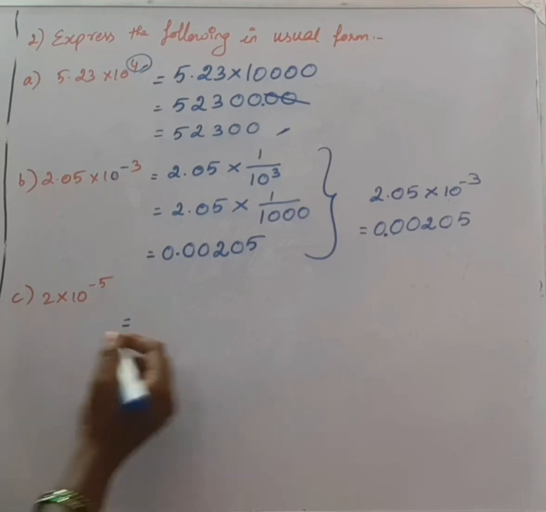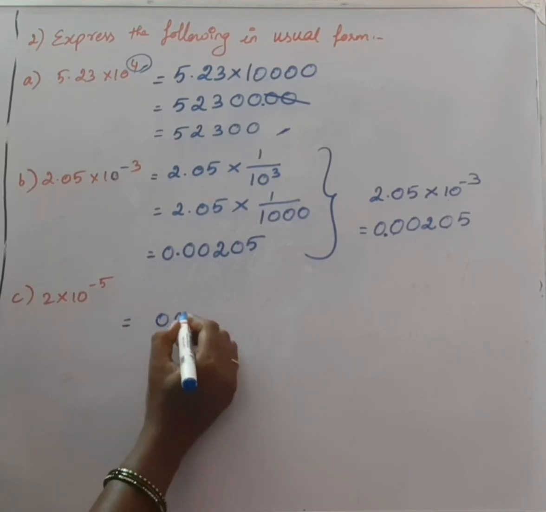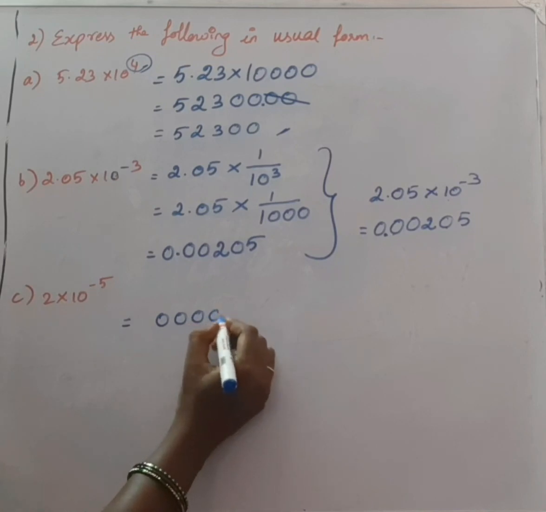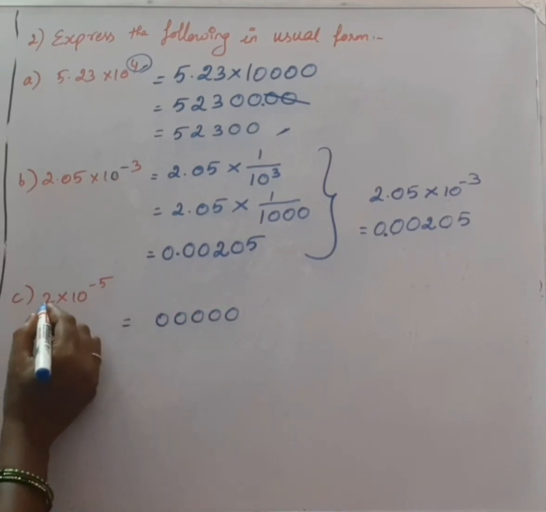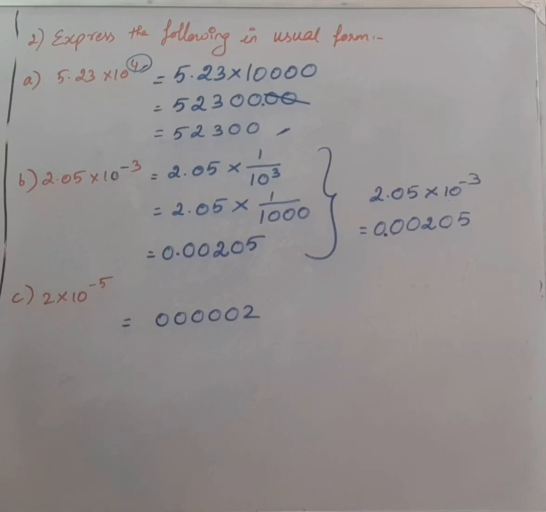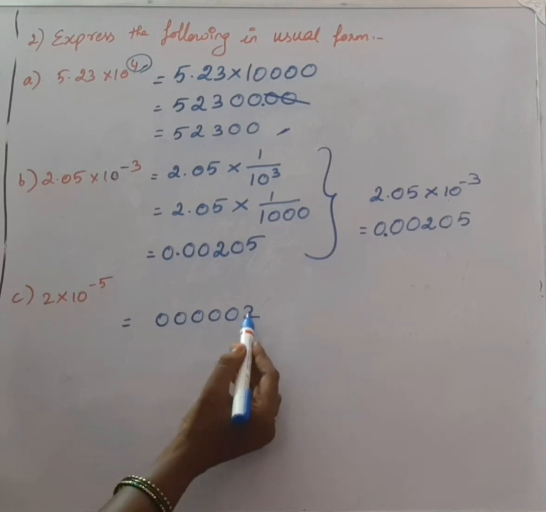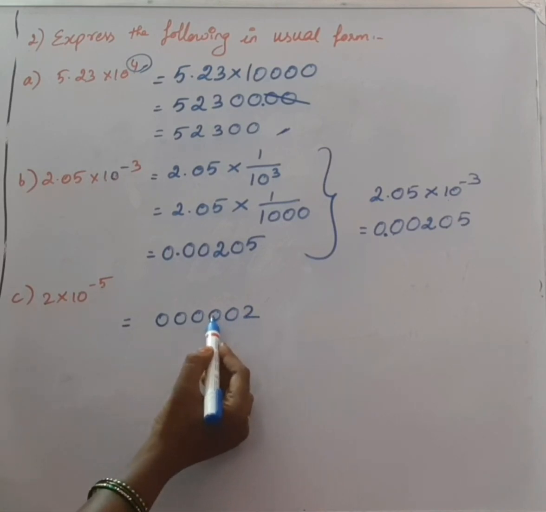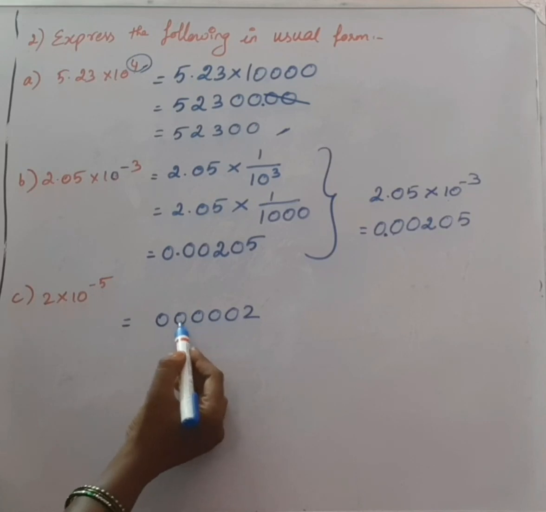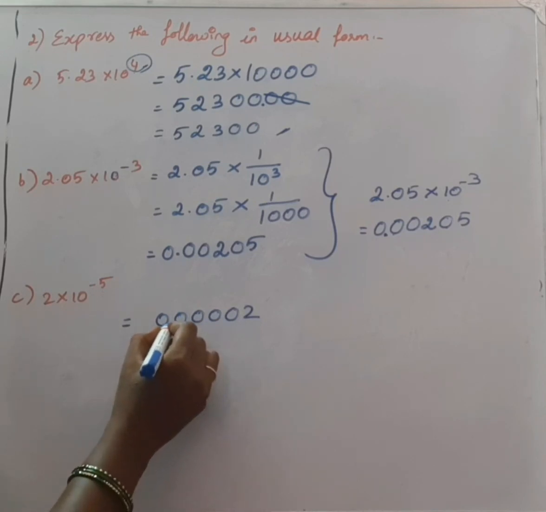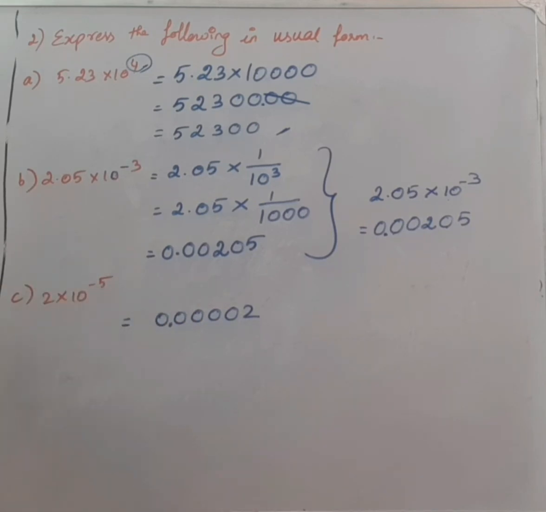So 1, 2, 3, 4, 5 zeros and then write this 2. Now, as I said, from the integral part we want to count 5 digits. So 1, 2, 3, 4, 5. So put a decimal place over here. So the sum is over. Within a single step you are able to write this answer. Okay. So let us see the next, third sum.